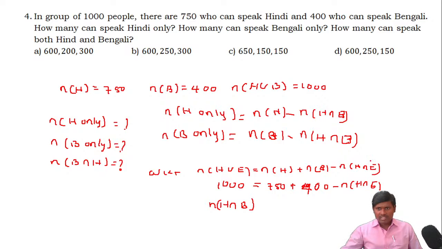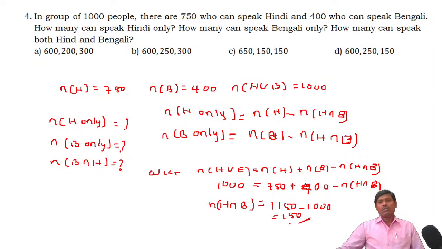So this is n of B, so this is also n of B, which is equal to 1150. So 1150 minus 1000, we get 150. We are going to substitute this value. So n of H intersection B, that means who can speak both Hindi and English, is 150.